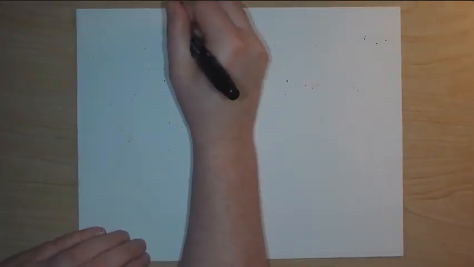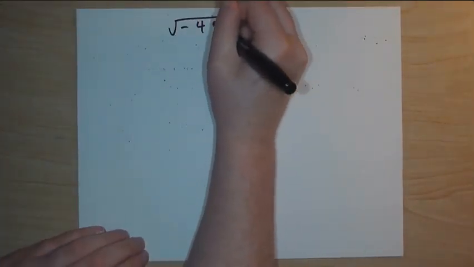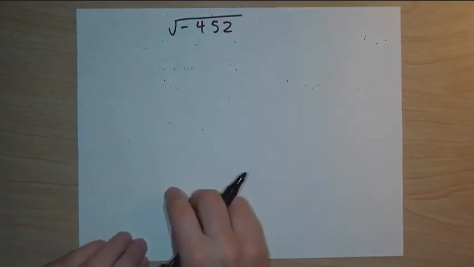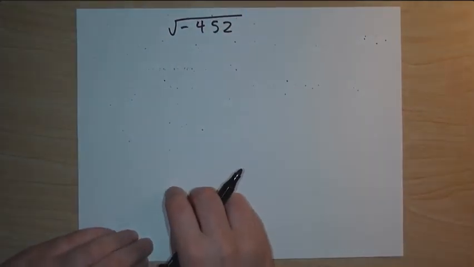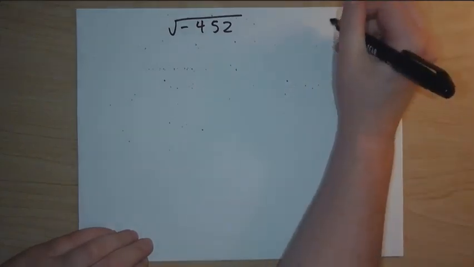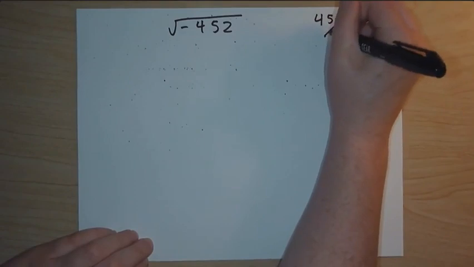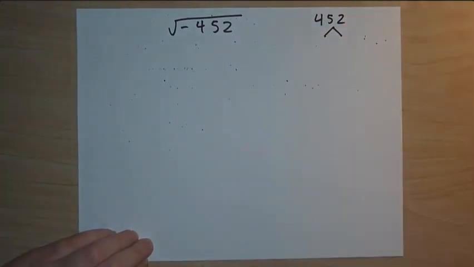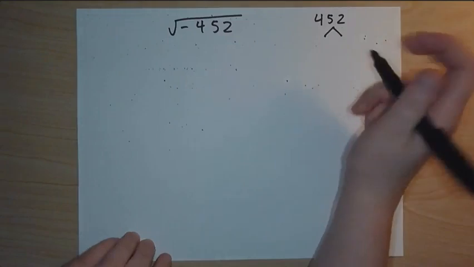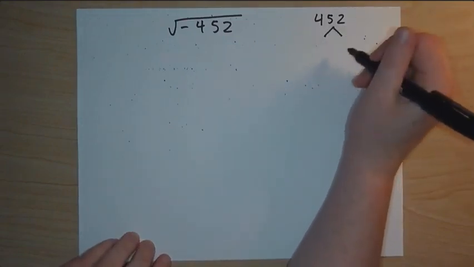So we have the square root of negative 452. And we want to simplify this. So if we break down 452 into factors, it's even, so we're going to assume we can divide it by 2.